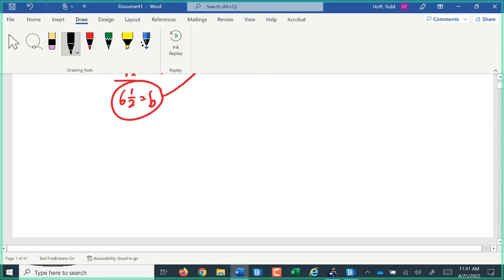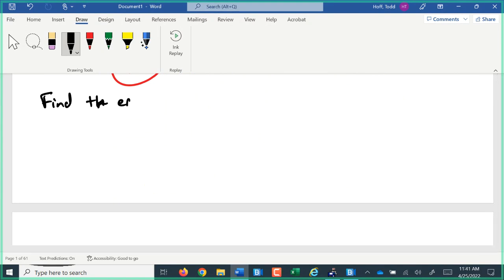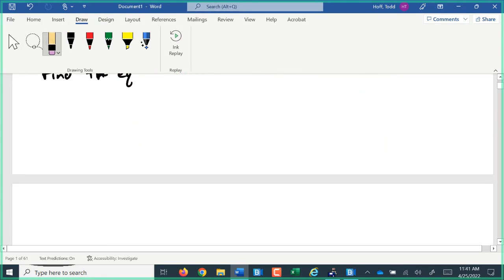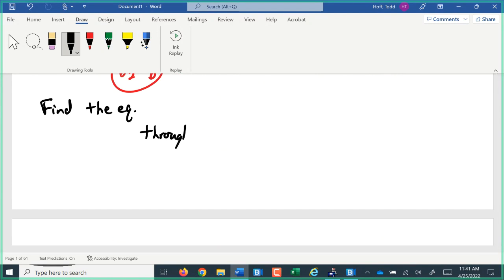And we went one step further to just say, well, find the equation of a line through just to say it goes through the 2 points, 3, 7, and 9, 3.